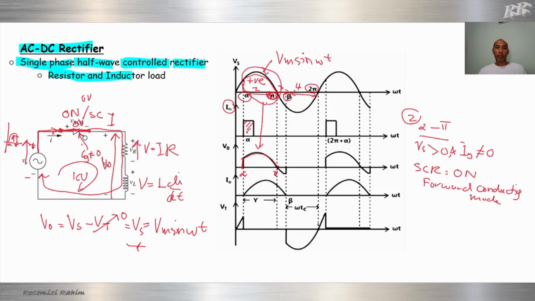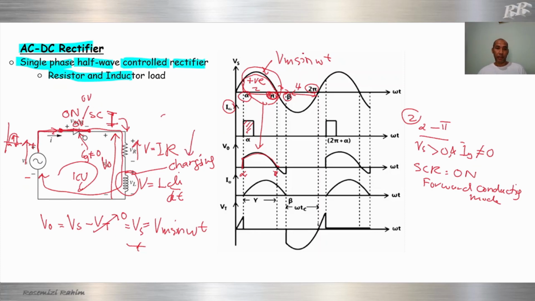In terms of current, we know that this is our inductor. Inductor will be charging when it receives current. Current flows through the inductor, and the inductor will charge and store energy.